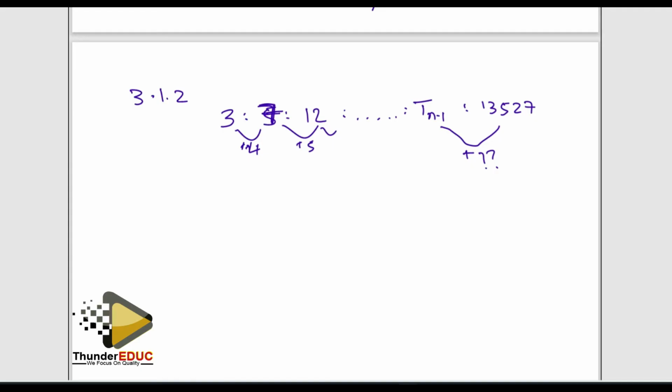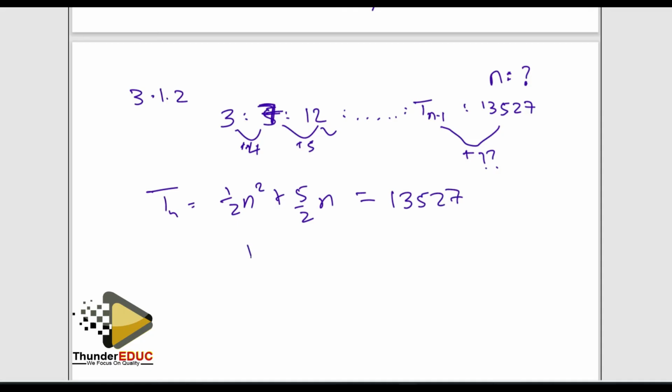The first approach is to get the position of this 13527. To get that, I'll apply my Tn, which is a half n squared plus 5 over 2n, and equate it to 13527.